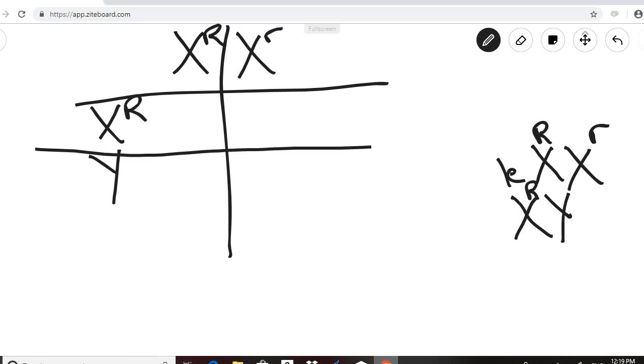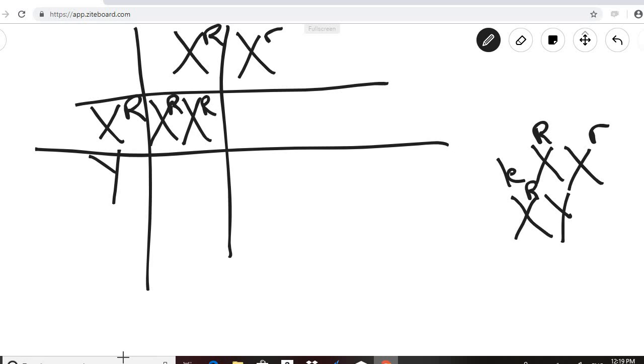Okay, so then we look at the offspring, and again we're just going to match them up. So a capital X with an uppercase R and another capital X with an uppercase R. This would be two X's, and one of those would have the uppercase R and the other would have the lowercase r.